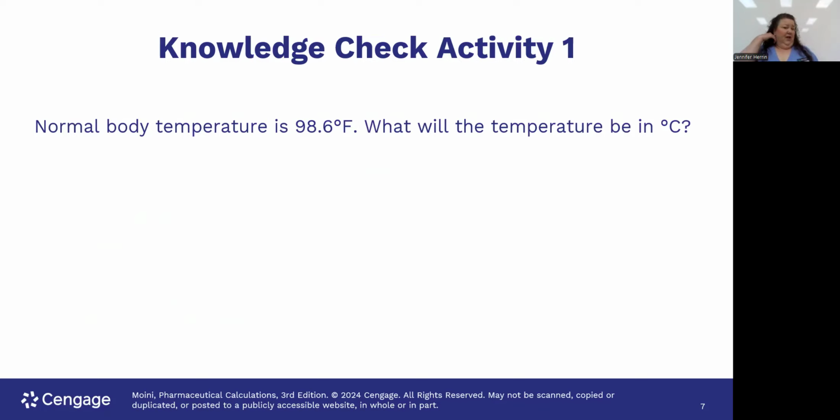They give us a knowledge check here saying that normal body temperature is 98.6 degrees Fahrenheit. What will the temperature be in degrees Celsius? So let's take a moment and peek at that.